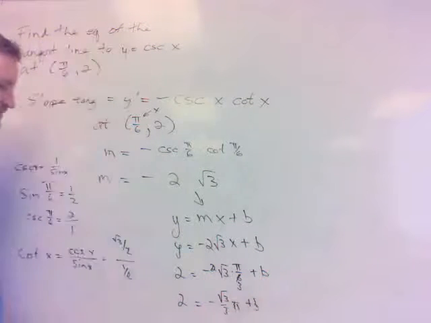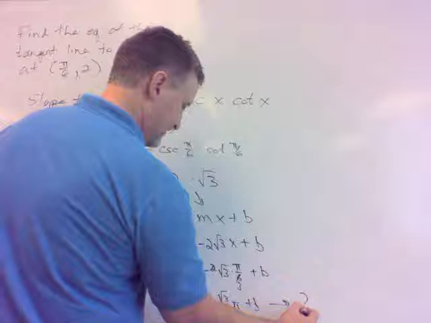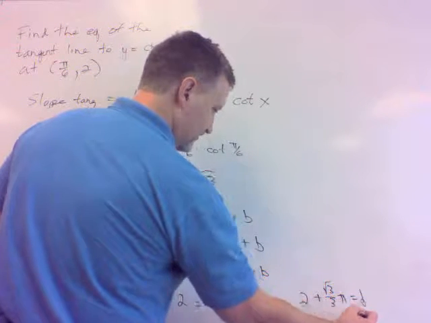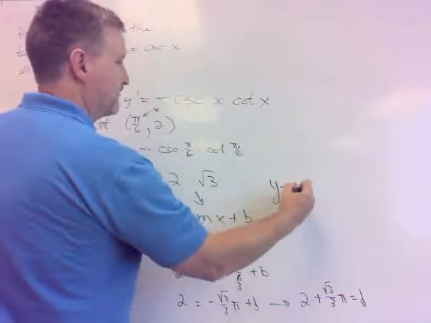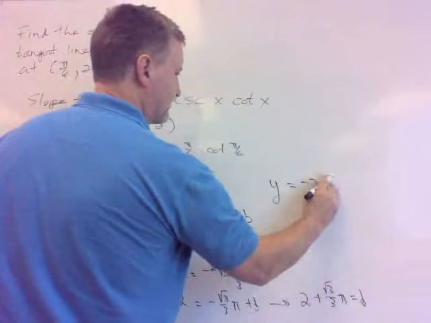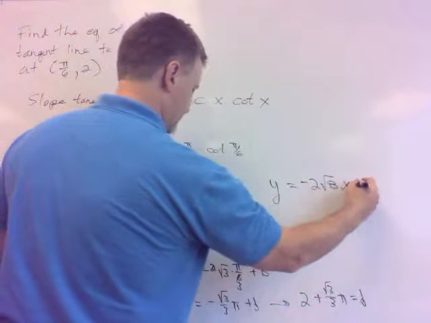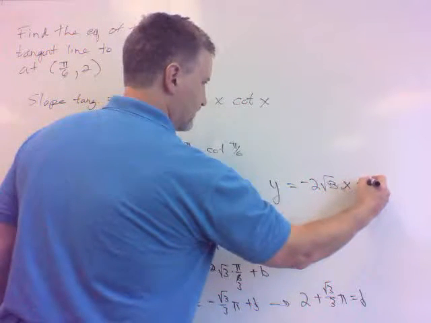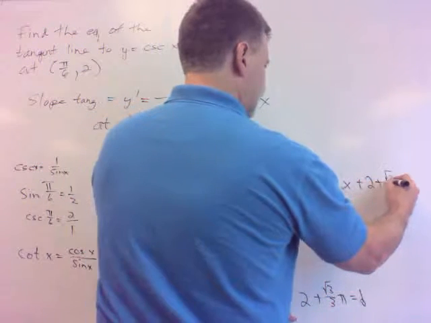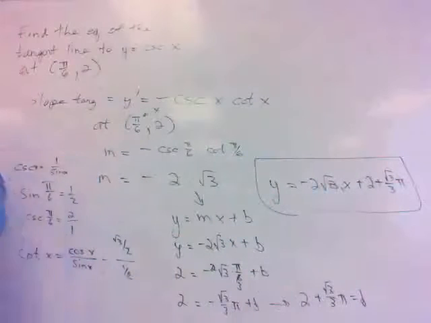Yeah, b is not a nice thing at all. Add that monster right there. That's b. So if you want exact, this is my equation of the tangent line.